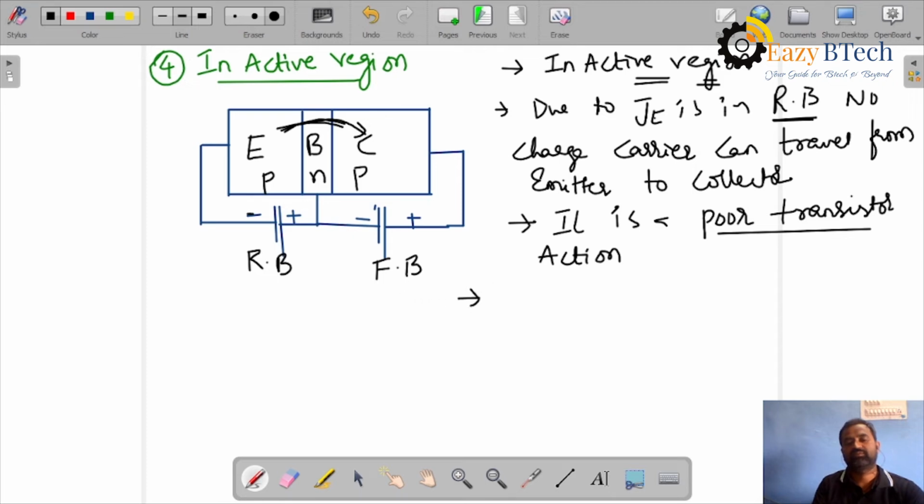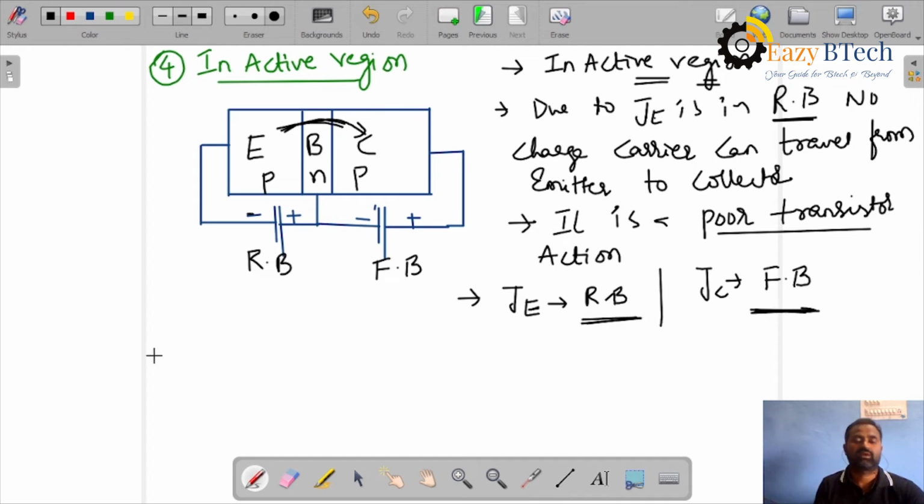Now here in this inactive region, JE is in reverse bias and JC is in forward bias. Okay.